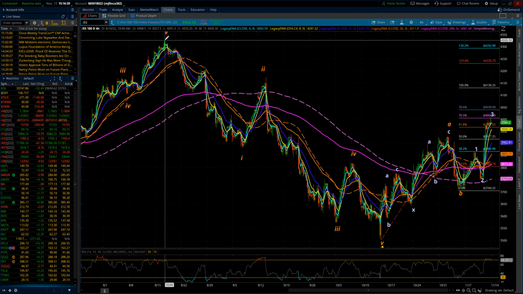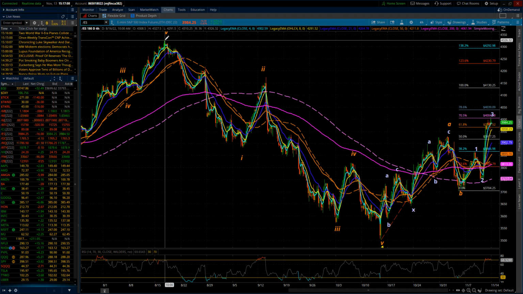That's how we have to keep it alive. The preferred count stays the preferred count until it's invalidated. It would become invalidated as it is labeled if it were to break 43.26. Actually 43.27.5, that's the current high for the top of primary wave B.